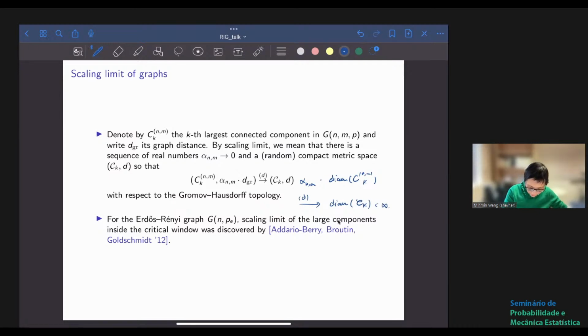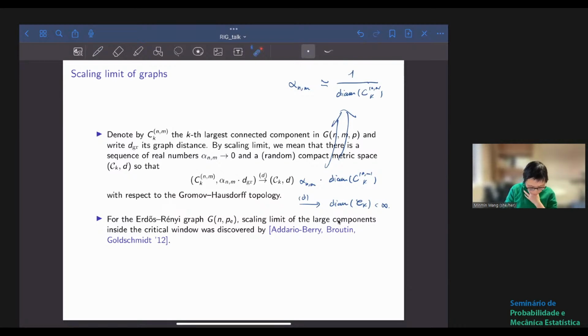From there you immediately realize that this normalizing constant should be taken as the order of the inverse of the diameter. That is usually the way we find this normalizing sequence.